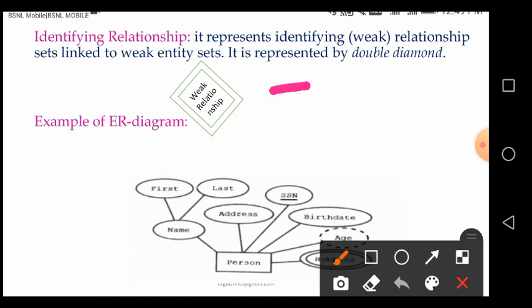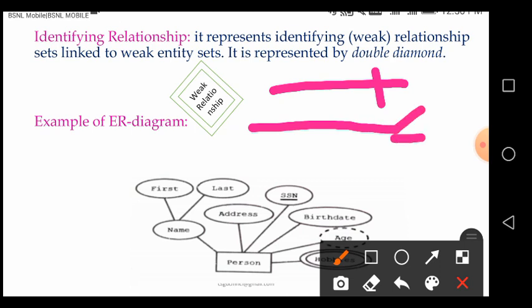The notation like this is one. This is for one relation. Another one, this is for many. This is for one and only one.